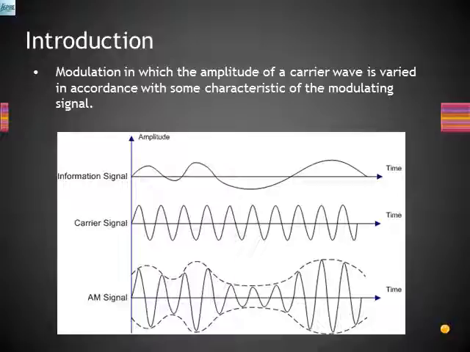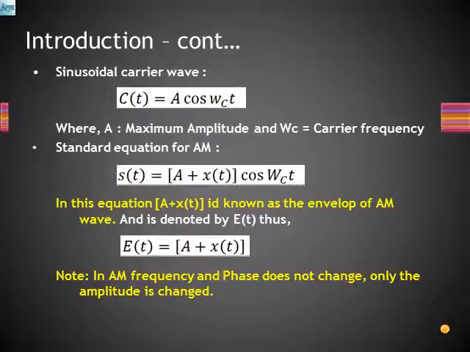We will discuss some important formulas. First is the sinusoidal carrier wave, which is c(t) equal to A cos omega_c t, where A is the maximum amplitude and omega_c is the carrier frequency.